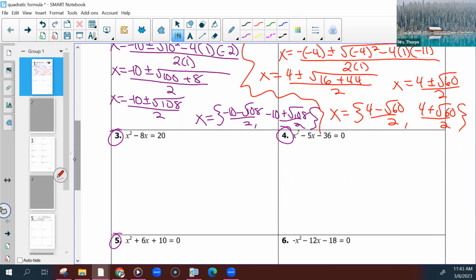Let's do 3. What do we have to do first? Okay, 0, so we would do what with this 20? We do have to make it 0, but we also have to get rid of the 20. So when we rewrite that, that's gonna go at the end.